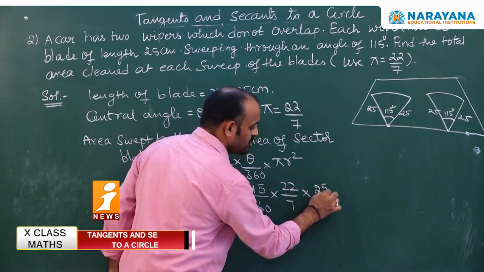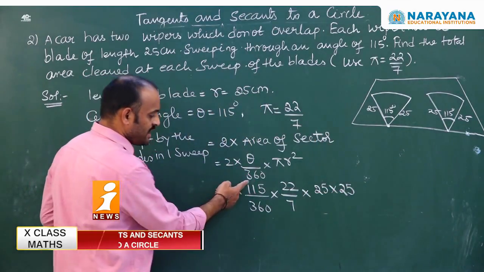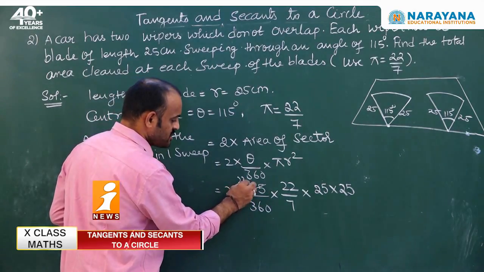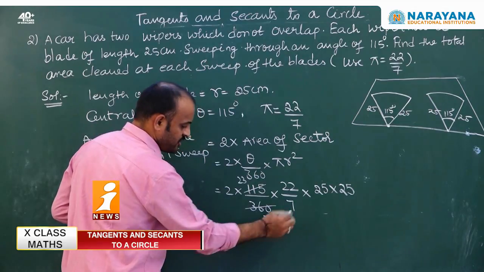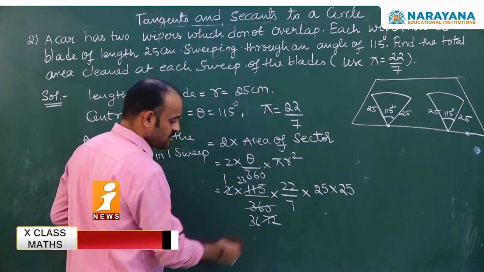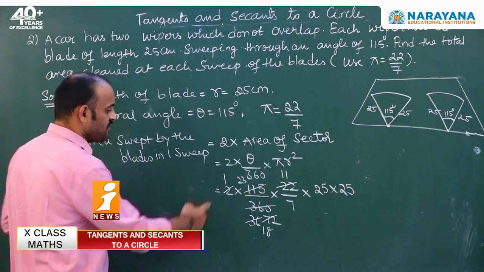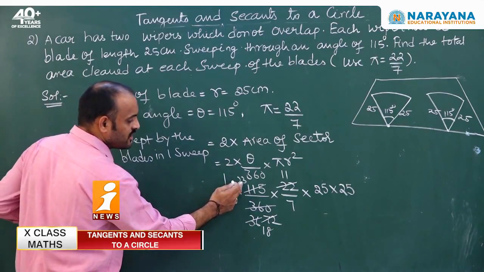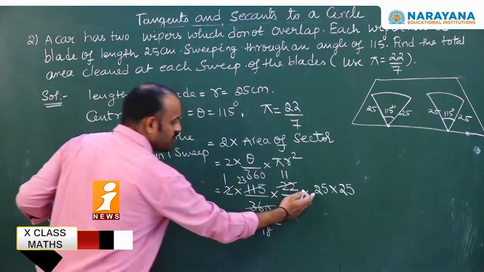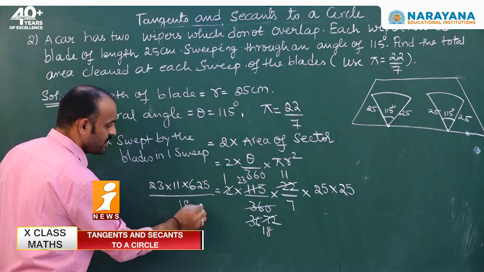So 25 into 25. If you observe, I can cancel these two with 5. 5 23s, 5 72s. 2 1s, 2 36. 2 18s, 2 11s. So what is left in the numerator? 1 into 23, 23 into 11 into 25 into 25, 625 by 18.